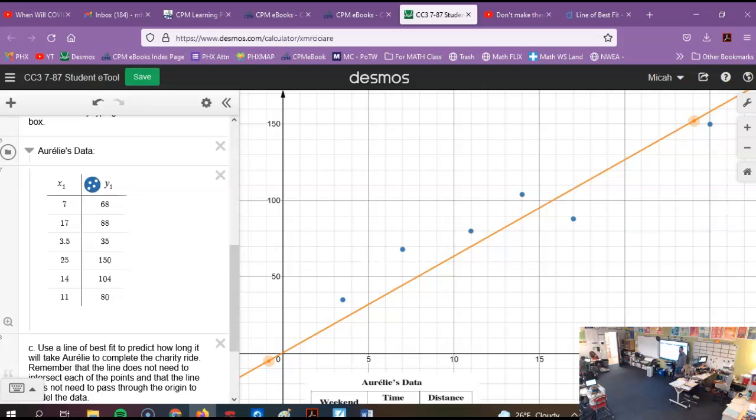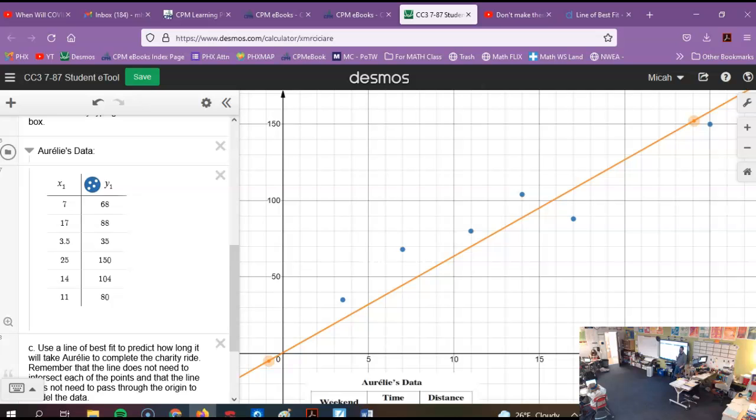So, give me your eyes up here. Here's what I'm trying to get you to see. If I use my orange line and draw out my slope triangle, it looks like 6 or 7 compared to 10. Is this 6 or 7? No! It's like 60 something. So if I say that that's like 65 compared to 10, my equation becomes y equals 6.5 times x.